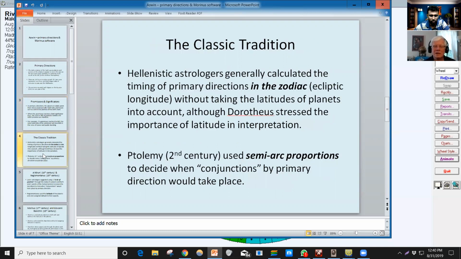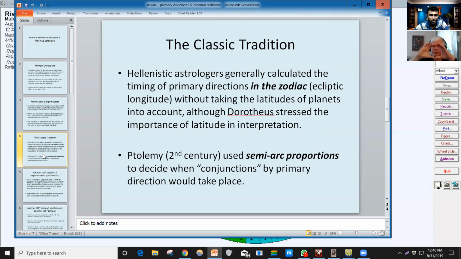Okay. The classic tradition, the Hellenistic astrologers like Dorotheus and others, calculated along the zodiac, along the ecliptic, and did not take into account the latitude of the planet. This is important in that planets generally are not right on the ecliptic. They're usually a little above it or a little below it.